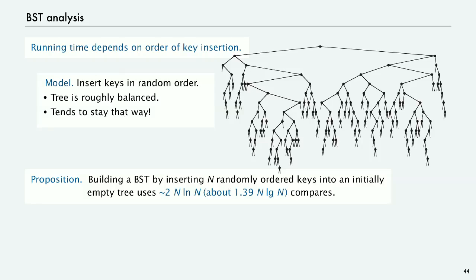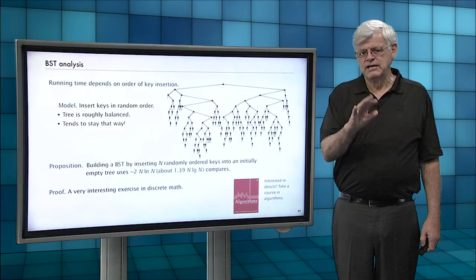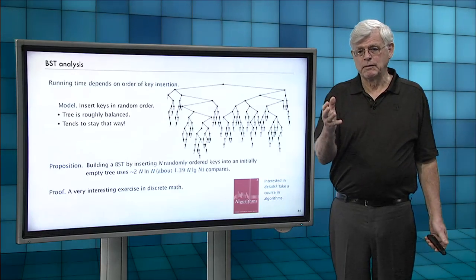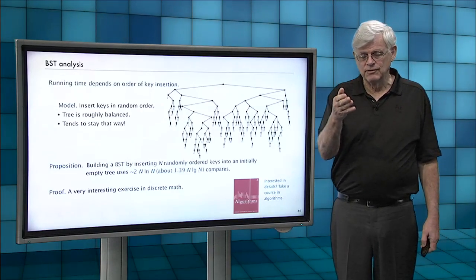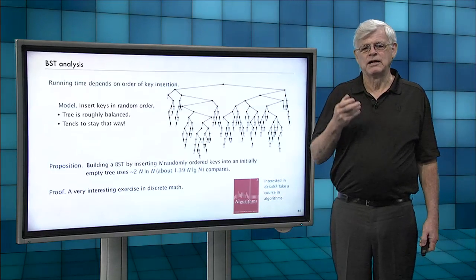So it's only about 40% worse than perfectly balanced if the keys are randomly ordered. This is an interesting exercise in discrete math. It's beyond our scope, but it's right in the sweet spot for a course on algorithms. So with randomly ordered keys, we get our logarithmic performance. The time to search or insert any key in that tree is going to be proportional to log n.